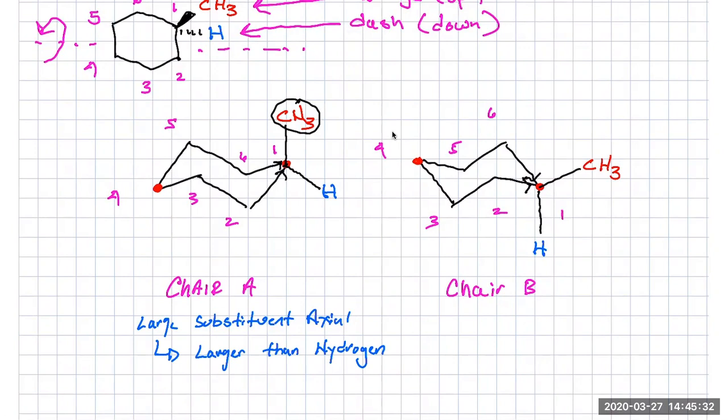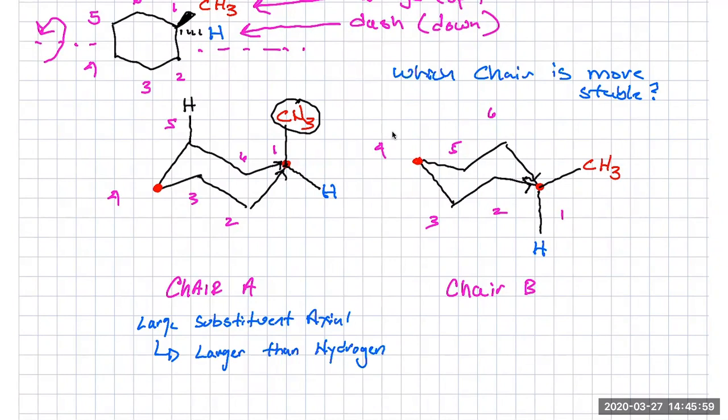And so which chair is more stable? Or what's the favored conformation? I have conformation A or conformation B, and they may not be equal in energy. And so you'll want to look at the 1,3 diaxial interactions, and I'm just going to draw them in so you can see what I'm talking about, but maybe you don't need to.